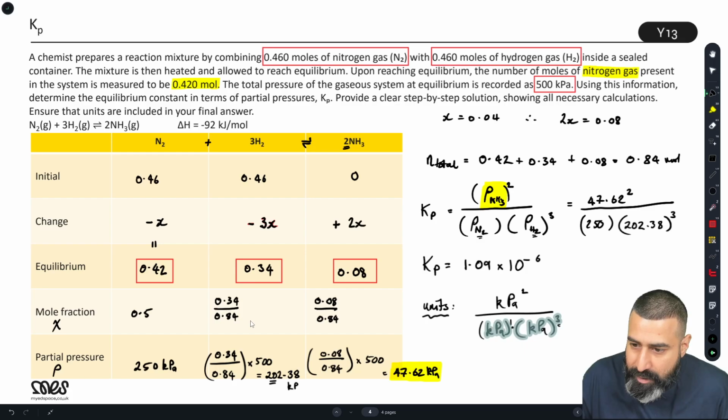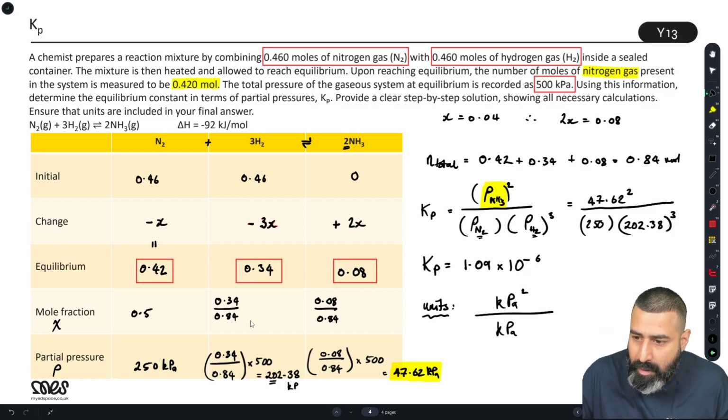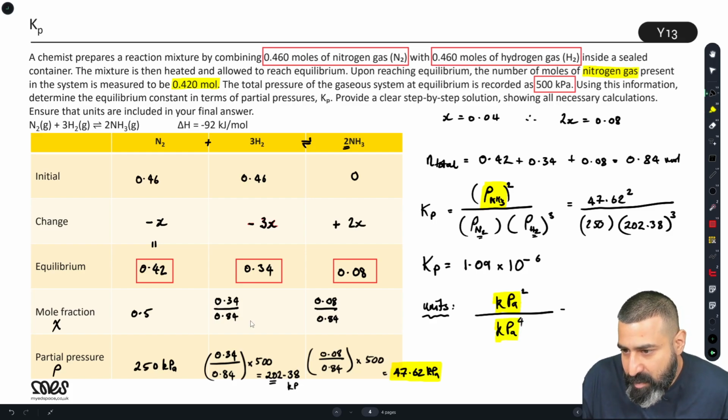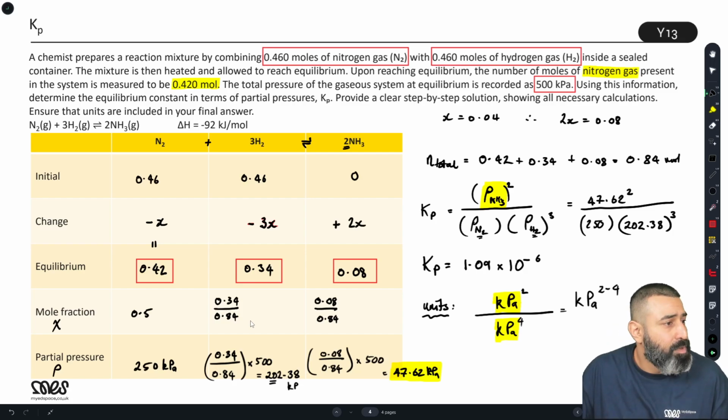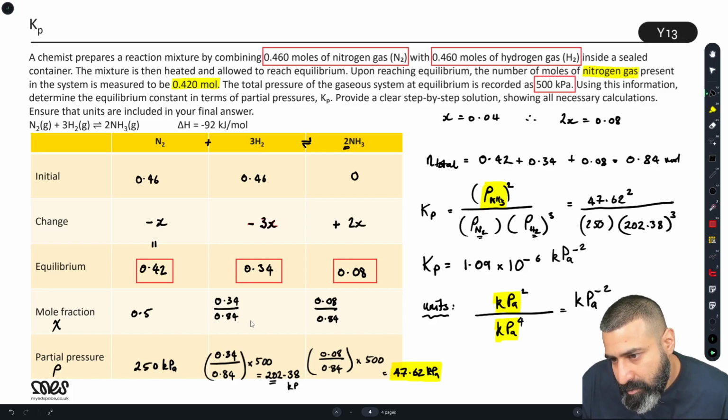So this will reduce to kPa 1 plus 3. 1 plus 3 equals 4. Okay, so when the base is the same, what do we do to the index when we're dividing? This becomes kPa 2 take away 4. So 2 take away 4 is minus 2. So my units are kPa to the minus 2.